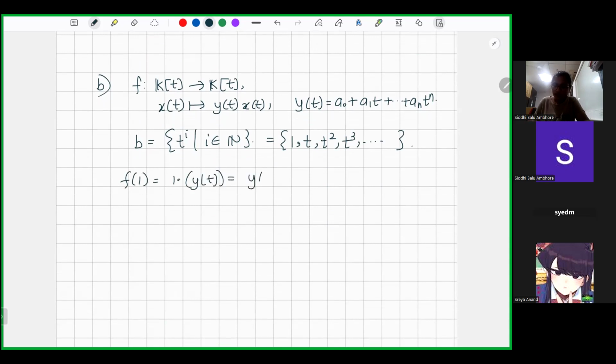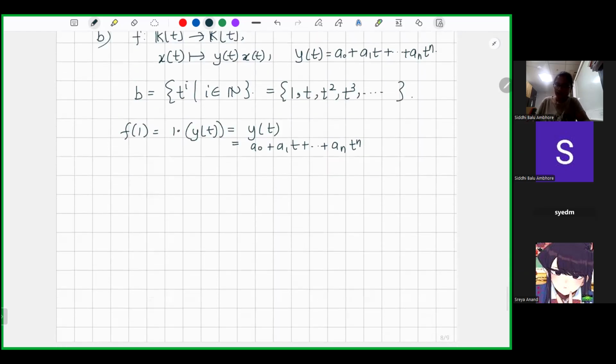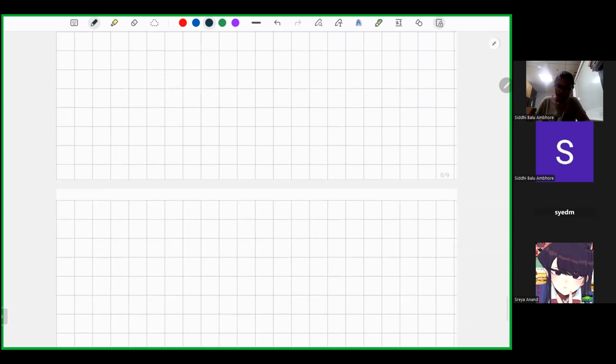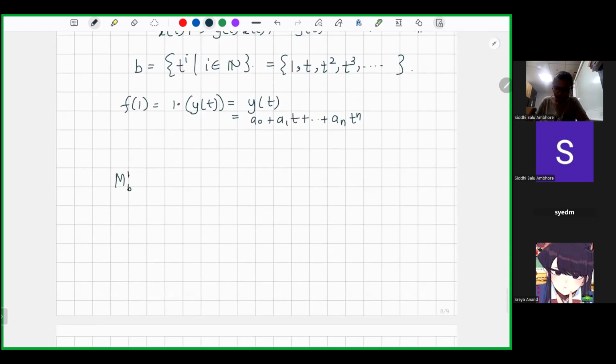So this will just be y of t, which is a naught plus a1t plus a n t power n, and so on. So if I want to write the first column of my matrix, with respect to f of 1, it is a naught, a1, a2, and then an.